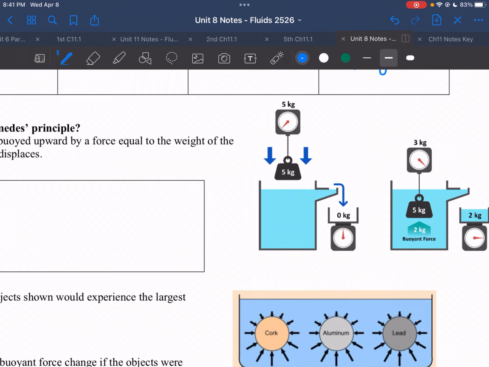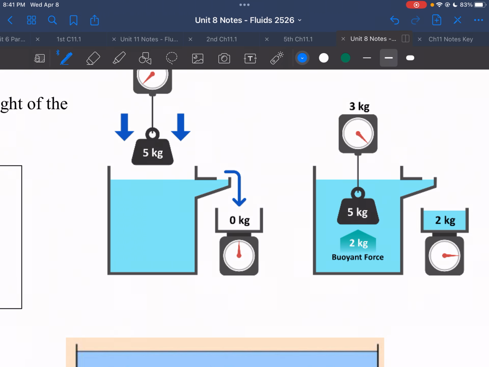So if you take a container like this that is filled to the top and you drop a weight inside, this mass is going to displace a certain amount of volume. And the amount of volume that it displaces is equal to the volume of our object.